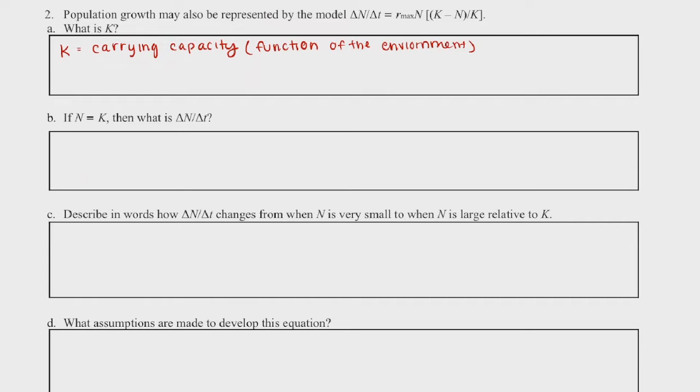And then it says, if N is equal to K, what is delta N over delta T? So when N is very, very small, the population grows exponentially.